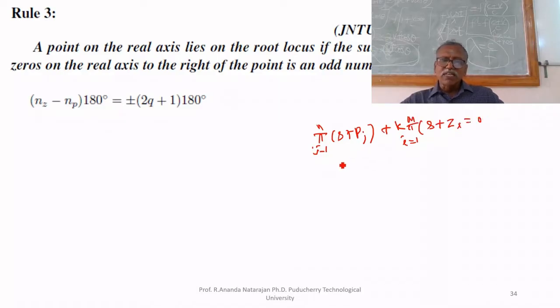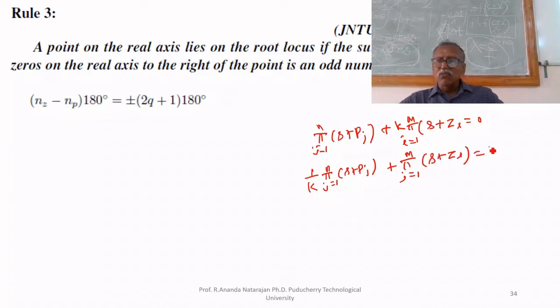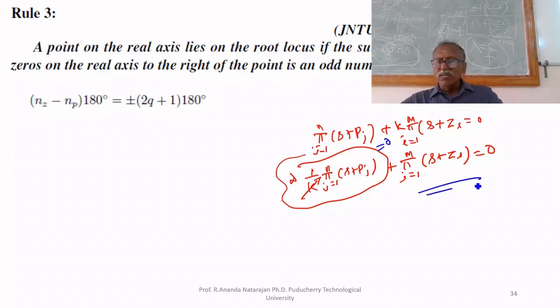If you divide on both sides by K, what you will get? 1 by K times product of J equal to 1 to N, S plus Pj, plus product of I equal to 1 to M, S plus Zi, equal to 0. If K tends to infinity, what will happen? This part becomes 0. This part alone is there.